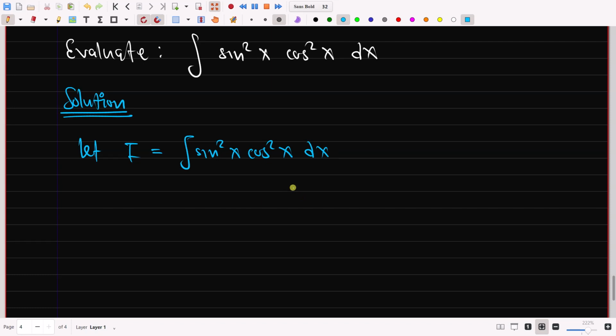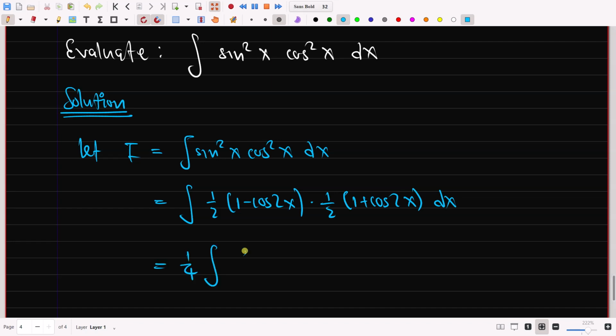Take the halves outside, they become a quarter after multiplication. And I have 1 minus cos 2x, 1 plus cos 2x dx. Then now what we need is to realize that this thing resembles a difference of two squares. So which means if we are to apply it in reverse, we're going to have 1 minus cos squared 2x, then dx, like that.